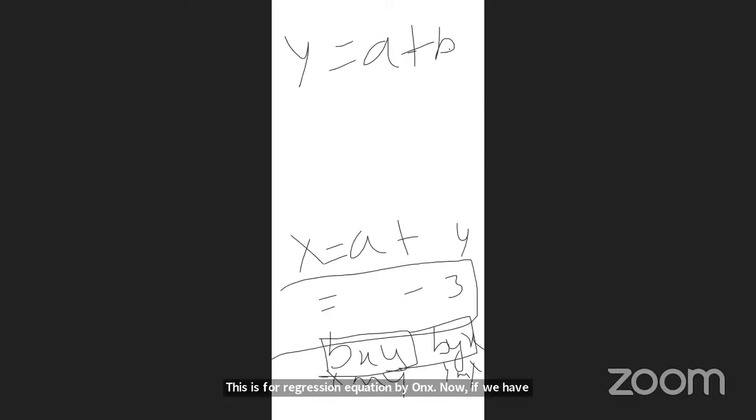Now, if we have to calculate the regression equation x on y, x minus x bar is equal to bxy into y minus y bar, or x minus x bar is equal to r into standard deviation of x divided by standard deviation of y, into y minus y bar.